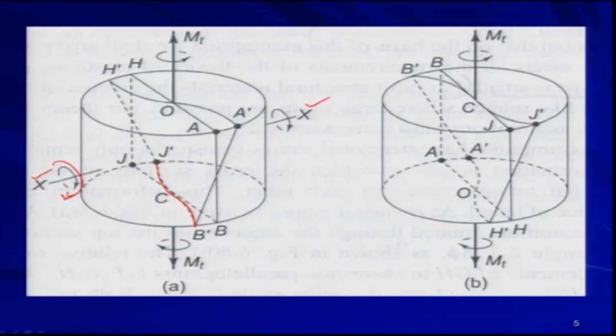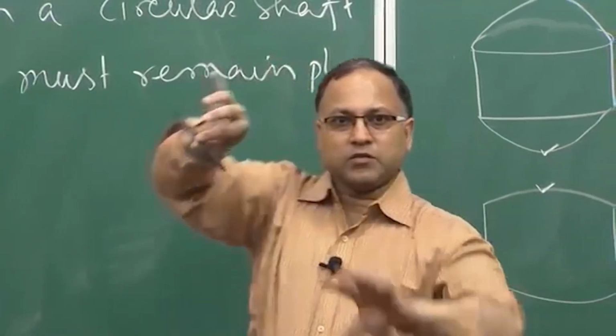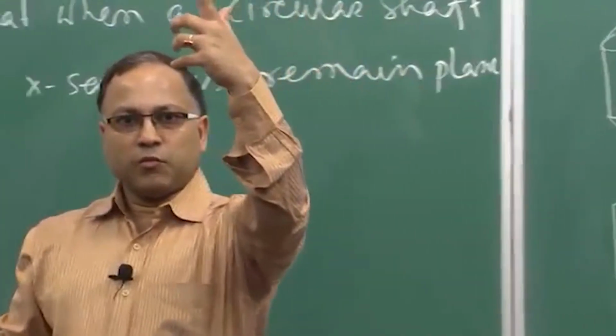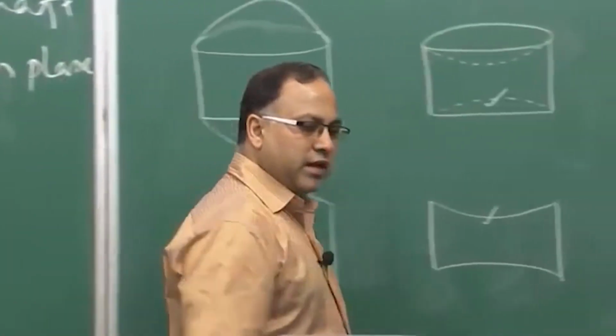If I give the rotation 180 degree, this B prime C J prime will be coming at the top, and this A prime O H prime will be going at the bottom, because I am just rotating the drum. So, top surface is becoming the bottom surface and bottom surface is becoming the top surface. I can do that, I am doing that.